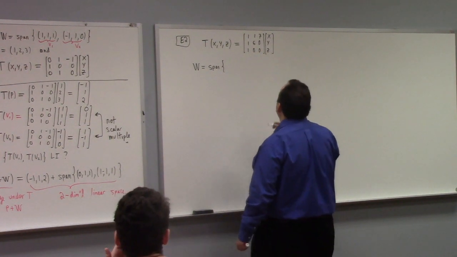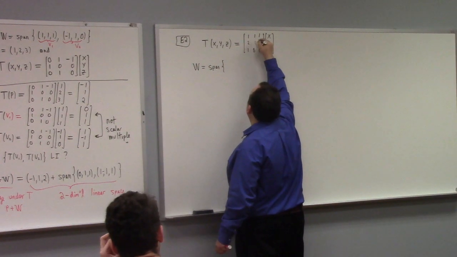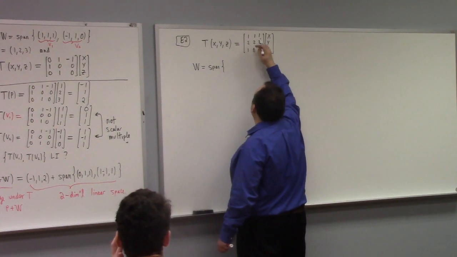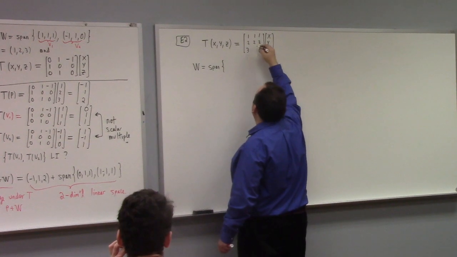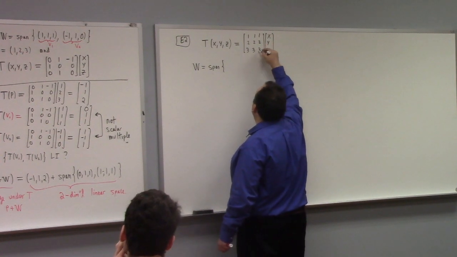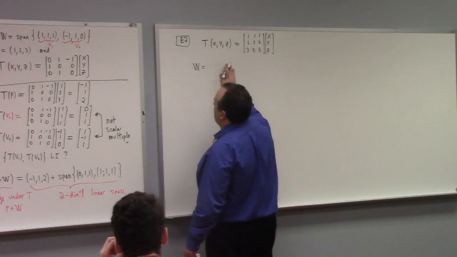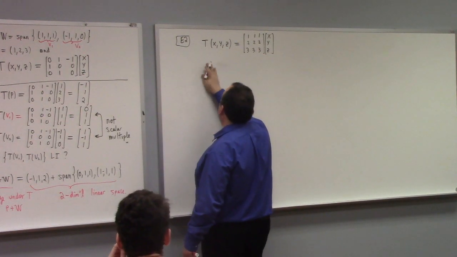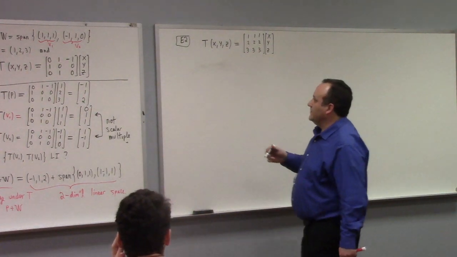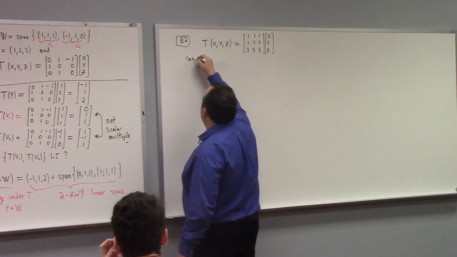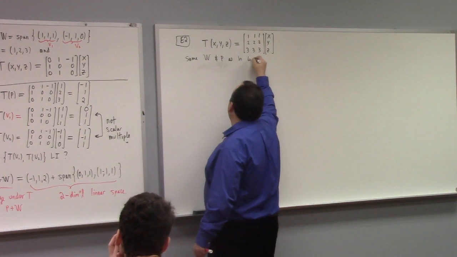Just a second, let me fix it. 1, 1, 1, 2, 2, 2, and we'll just put 3, 3, 3. There we go. Great. And let's let W this time be, well, we'll take the same W as last time. Same W, same P. What happens this time? It's the same W and P as in example 1.